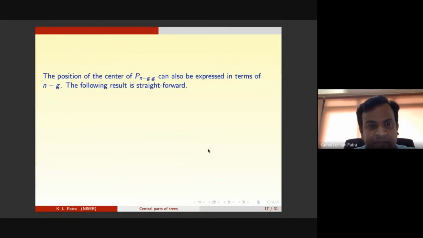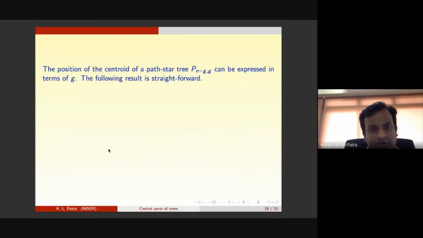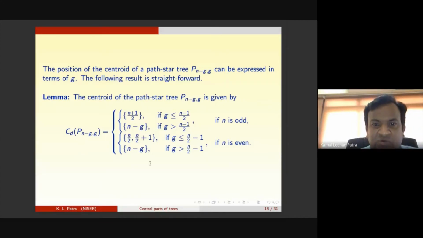For any path star tree, we first prove that the center of a path star tree P_{n-g,g} is this, depending on whether n minus g is even or odd, which is a straightforward result. Similarly, for centroid, it is maybe a little complicated, but it also comes from the definition of centroid.